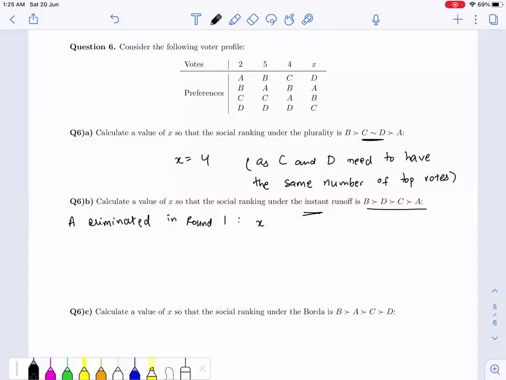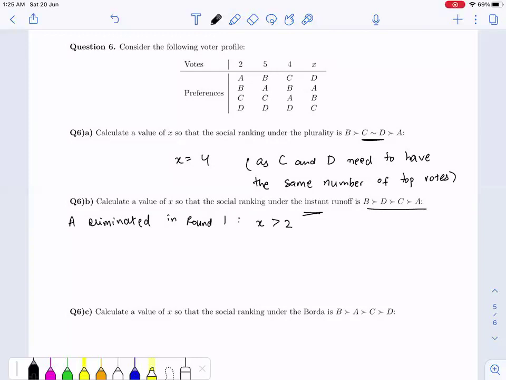So X, which is the number of top votes for D, must be bigger than at least 2 because otherwise if D gets less than or equal to 2 top votes, then D would be eliminated in round 1, which would put D in the last place. So X needs to be bigger than 2.